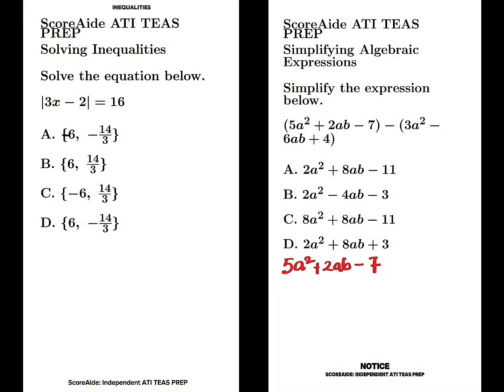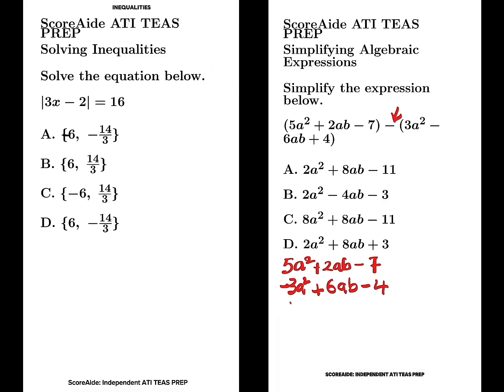Now you notice that there is a minus outside that bracket, so we have to bring it inside. And whenever we bring it inside, all the signs of each of the terms inside that bracket we have to change. So we now have negative 3a squared plus 6ab. You notice that we had minus 6ab, now it's plus 6ab. Now we had plus 4, now it's going to be negative 4.